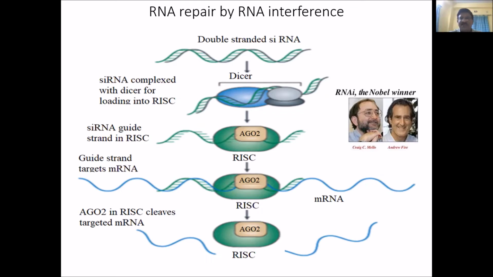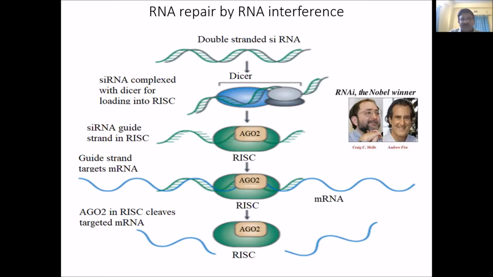So the double-stranded siRNAs are cleaved by an RNA-cleaving endonuclease enzyme, particularly known as Dicer, and the long chain is cleaved into a single-stranded RNA molecule. This single-stranded RNA molecule now combines with a protein complex known as the RNA-induced silencing complex, with the Argonaute family of proteins, which also belong to the RNA endonuclease or RNase enzymes.